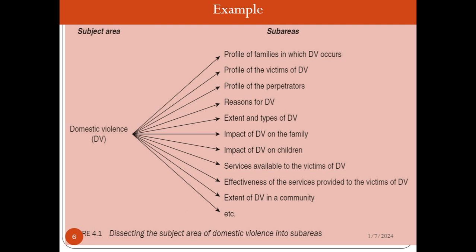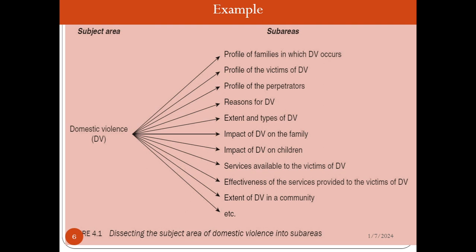For example, suppose that there are lots of DV service providers, but we are not sure whether these services that are provided to the receivers of domestic violence are really effective and beneficial to the victim or not. Or extent of DV in a community. So how severe the domestic violence exercised in the community or society is.